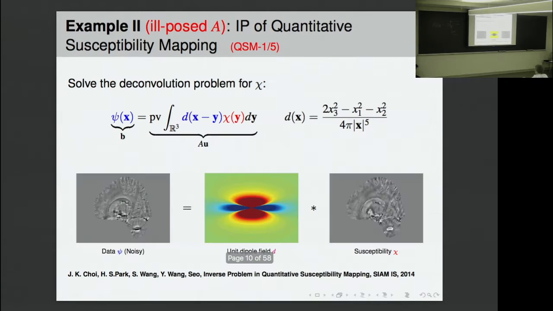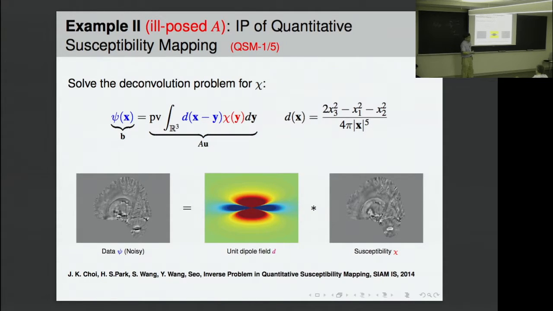Now let's change to another topic. I tried to cover many topics. This is MRI, which has appeared in Science. It is a deconvolution problem. Here, chi is the susceptibility. Susceptibility is iron content, which is somehow related to Alzheimer's, Parkinson's disease, something like that. If you apply the MRI magnetic field, due to the iron content the magnetic field is a little bit distorted.